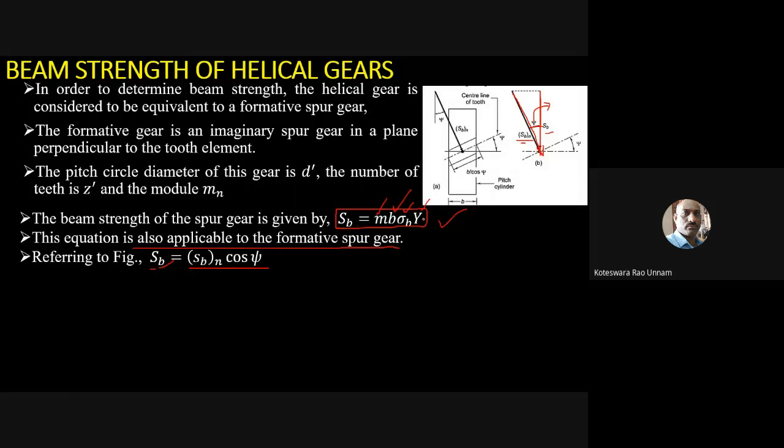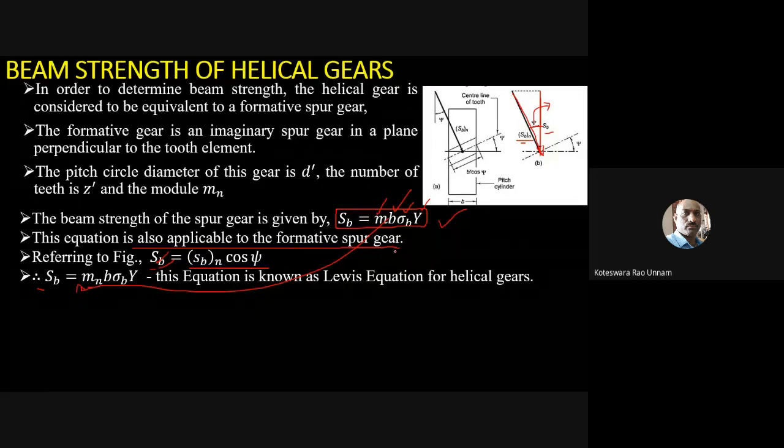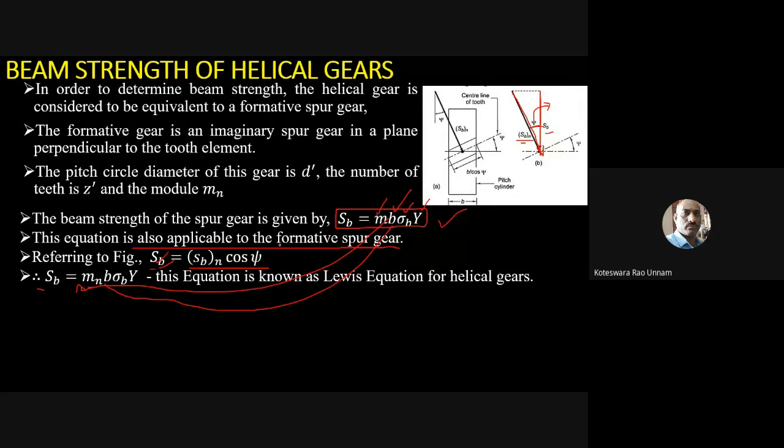So I need to take this equation. If this equation is divided by cos psi, I'll get this equation for the helical gear. That is one parameter. Then, in place of M, I need to substitute Mn, and in place of B, you need to substitute B by cos psi.